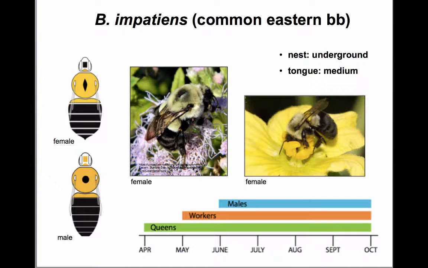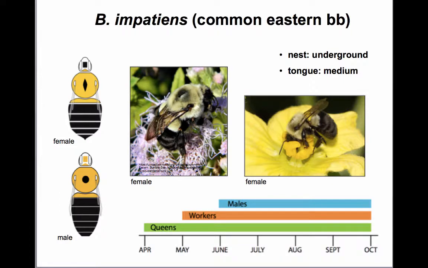So this is Bombus impatiens, our most common species of bumblebee here in Ohio, and it's recognized by just one band of yellow at the top of the abdomen. When we refer to the coloring on the abdomen, it's typical to call the abdominal segments T1, T2, T3, and so on, just for ease of referring to them.